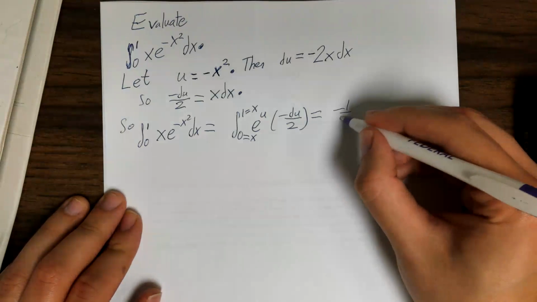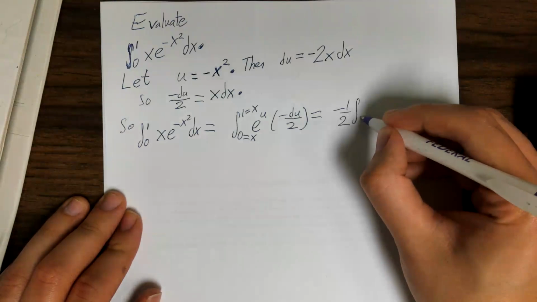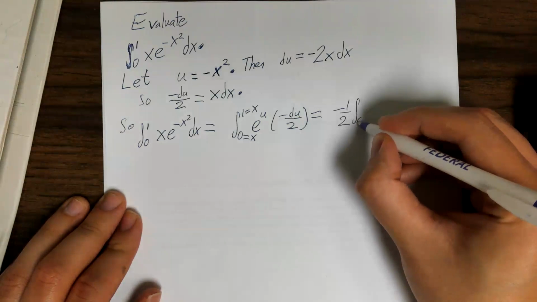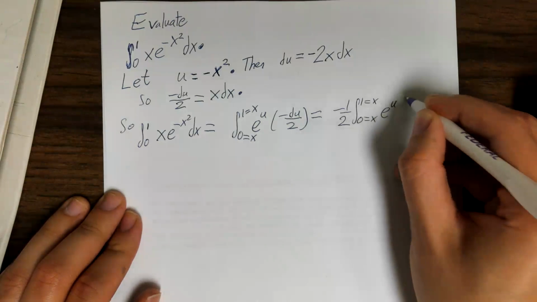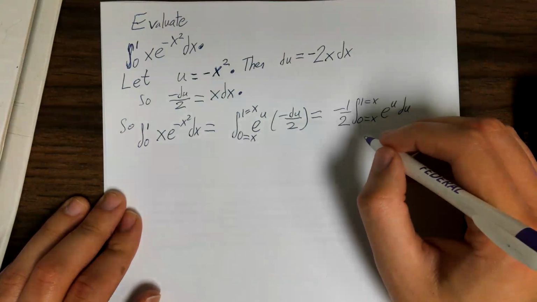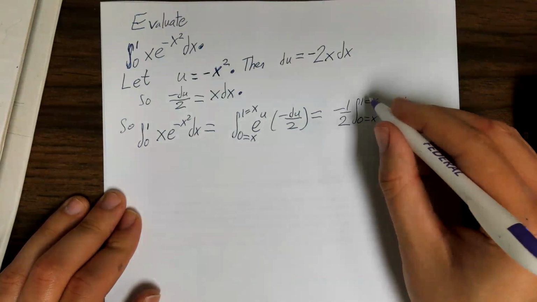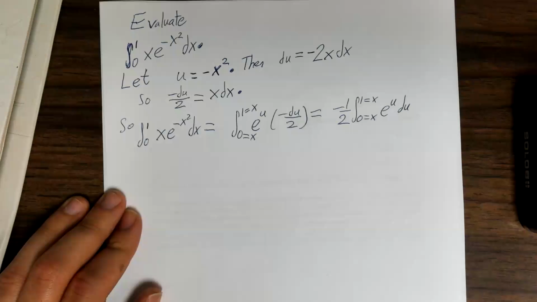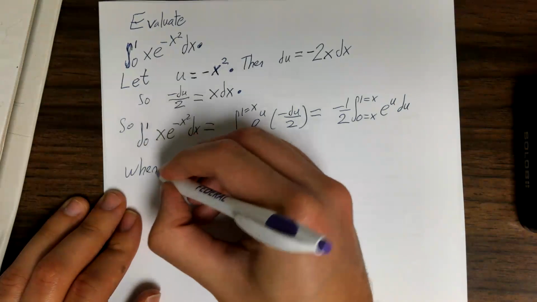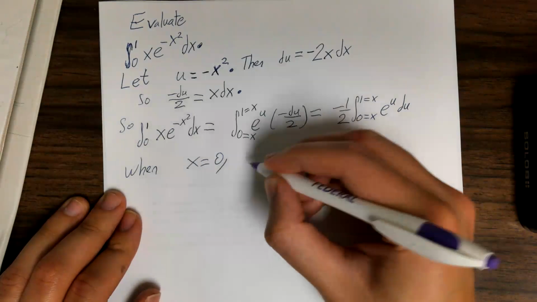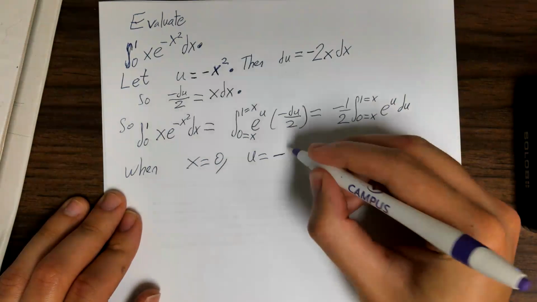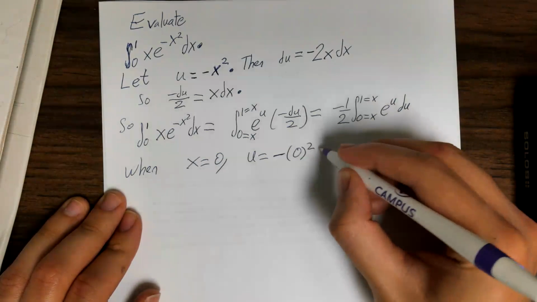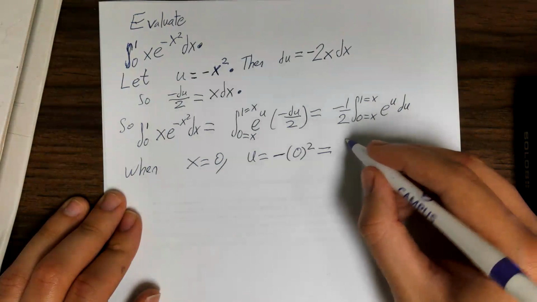So once more, I'm going to pull out the constant first, the coefficient, and just make the inside a standard integral. What I'm going to do now is I'm going to replace these limits of integration in terms of u. So when x equals 0, u is equal to a negative 0 squared, which is equal to a nice 0 still.